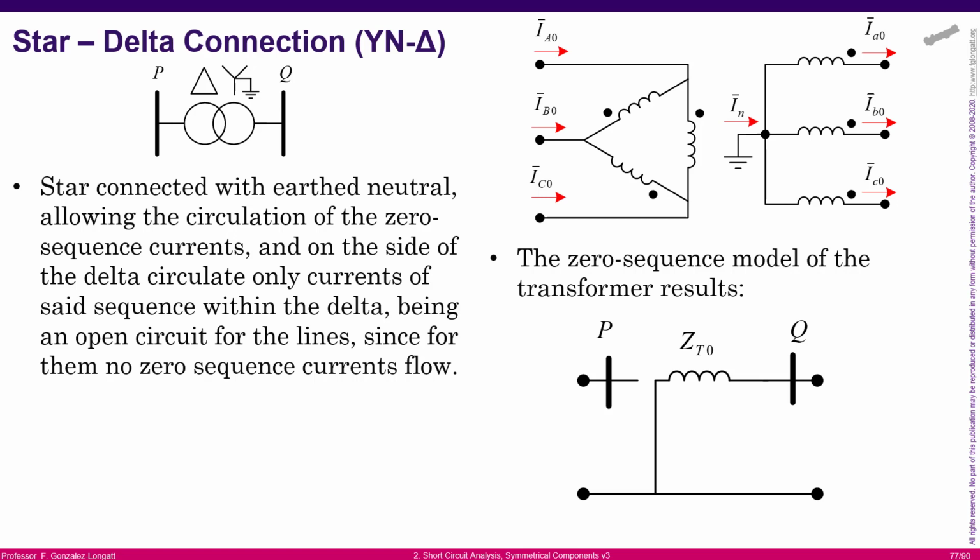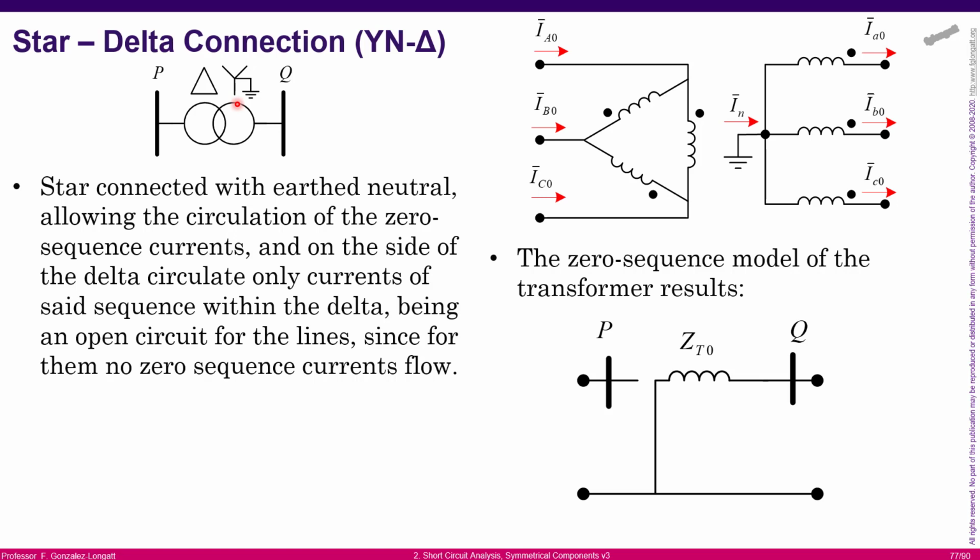In this case, the delta connection is located at the high voltage side, and we have a star connection on the low voltage side. In the low voltage side, the neutral point is solidly connected to ground.